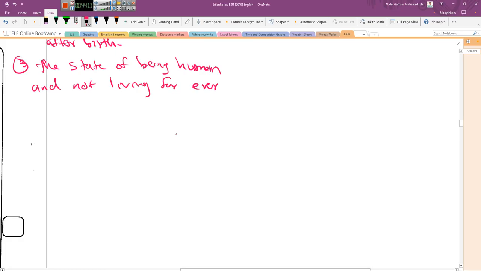After her mother's death, she became acutely aware of her own mortality, right? So this sentence is very awesome.